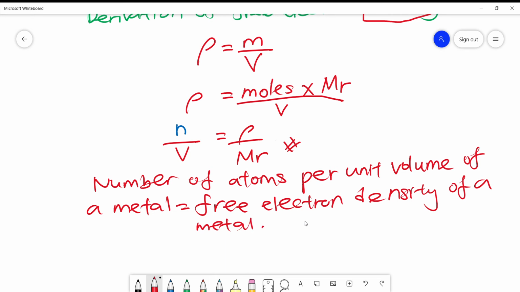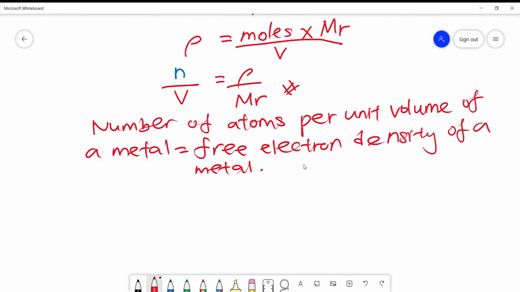So if I wish to find out the free electron density of a metal, meaning the total atoms included inside the metal, what I can do is multiply both sides by the Avogadro constant.